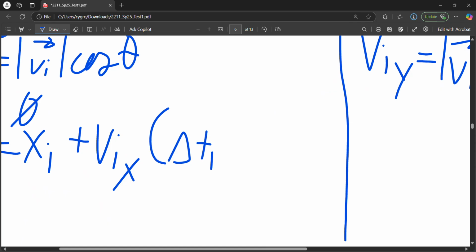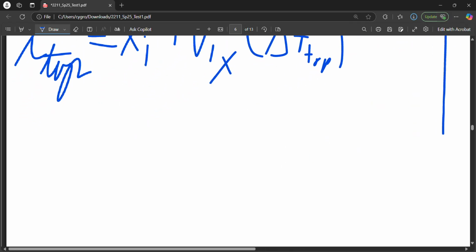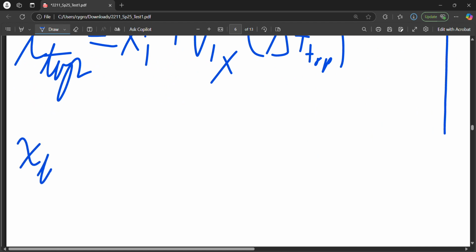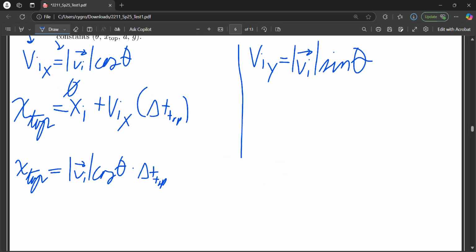We're going to use the variable change in t, top. And we're going to plug in the relevant value for vix that we just found earlier, and for xi. So x top equals our initial velocity times cosine of theta times change in t top.